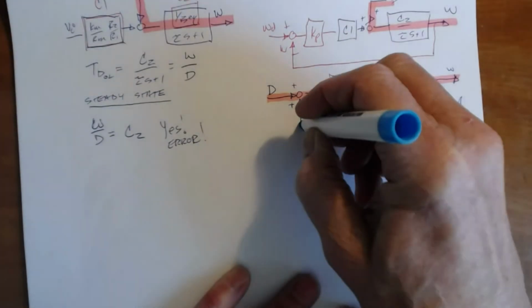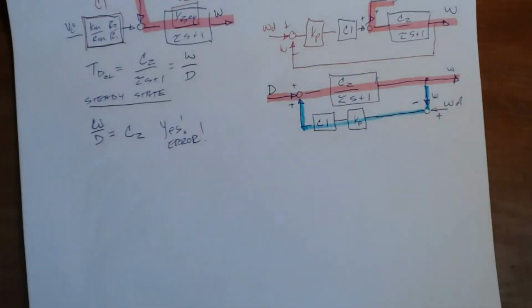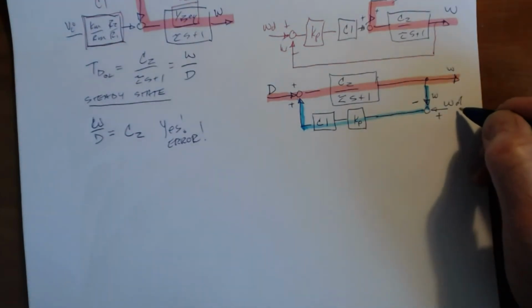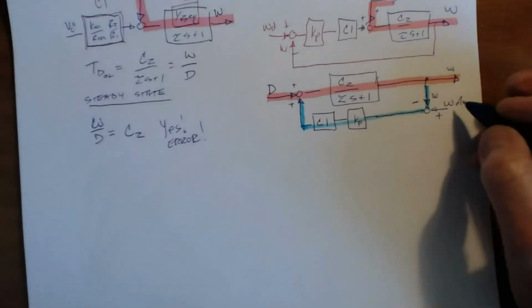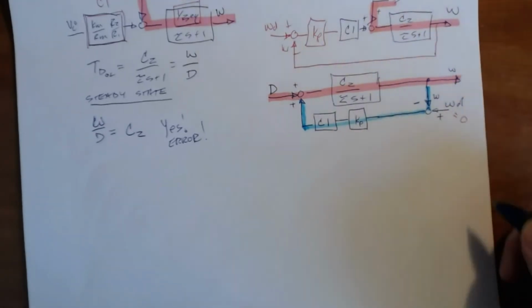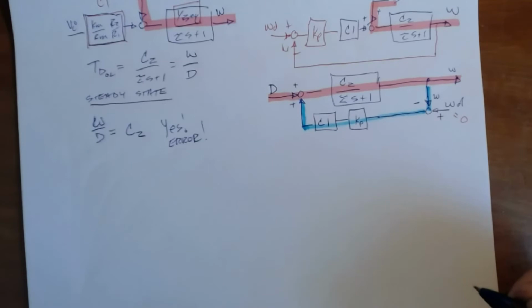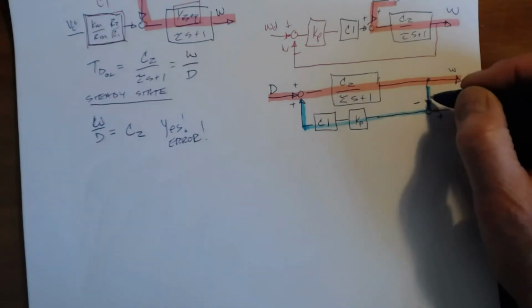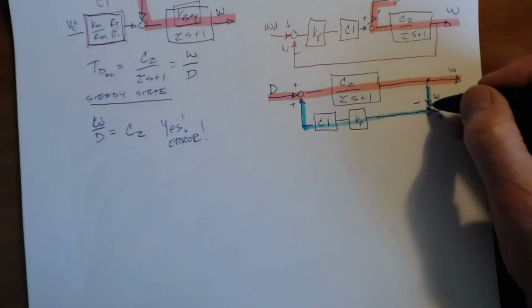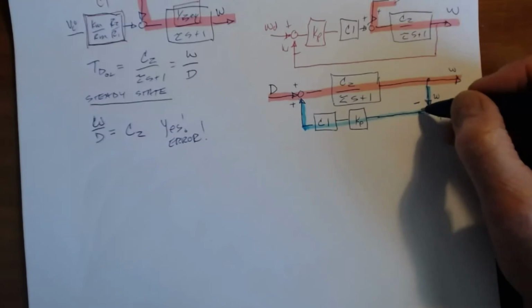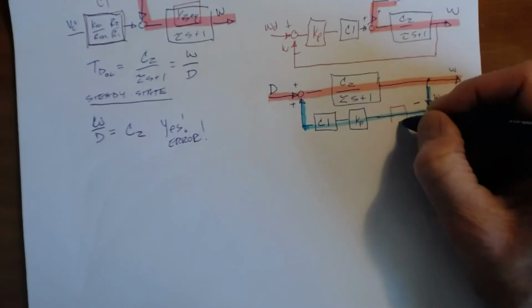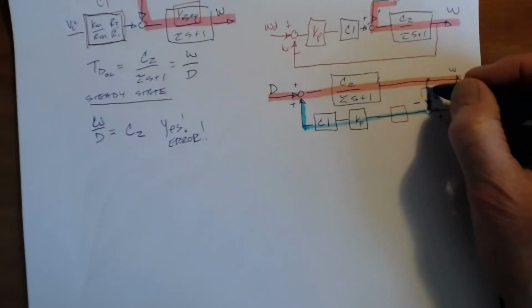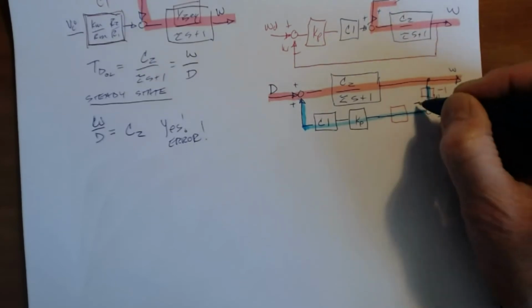Right? Now, I'm going to play some tricks. I've already commanded my omega desired, and I can just command it to be 0 if I want to. And then I'm going to see what happens if it's 0 and I put a disturbance force on it. Now, when I take this omega and put it into a negative summing junction here, I could also just do this: -1, and then I get to change that to a plus.